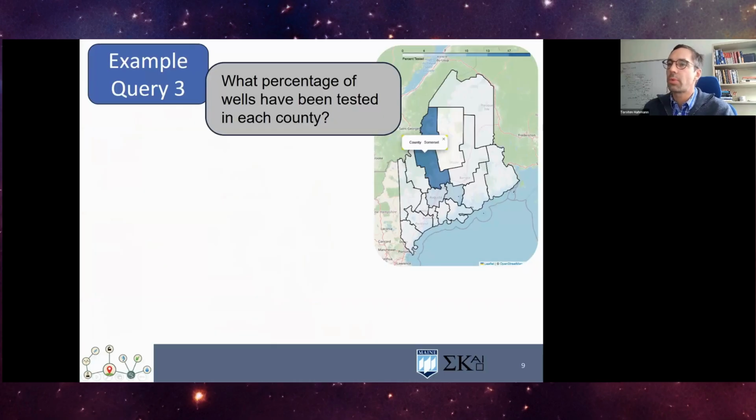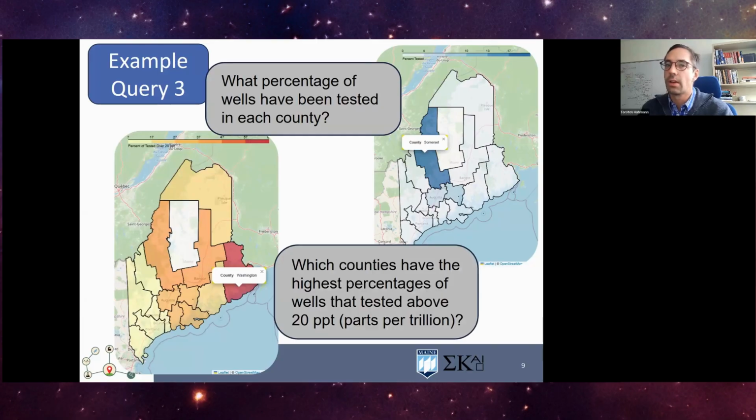The last example query is about impacts. So if you want to understand where PFAS has been tested for and how that correlates with the readings that we're actually getting from those locations. We have here an example of two maps generated from the graph that show in Somerset the most samples, the most wells have been tested, like private wells.